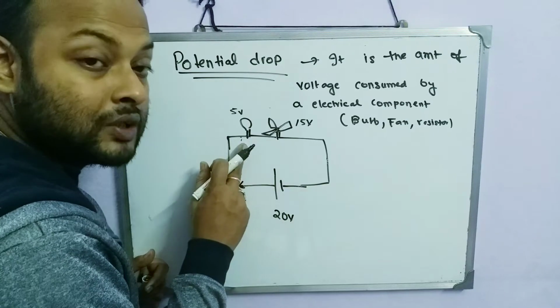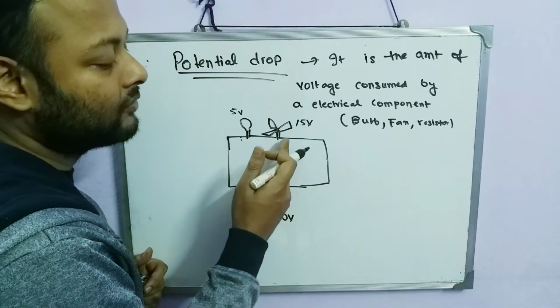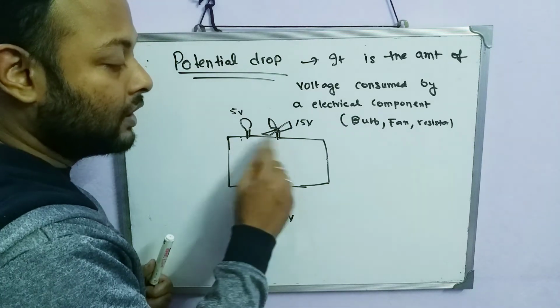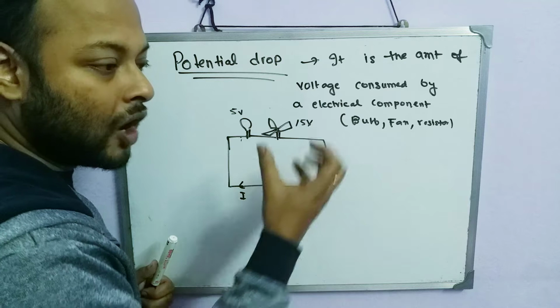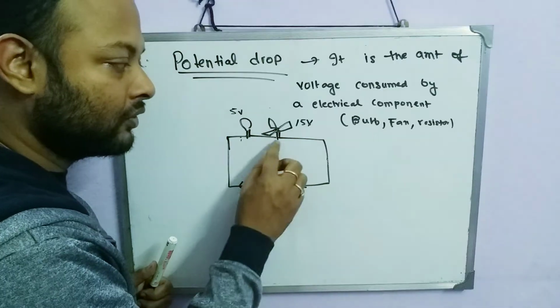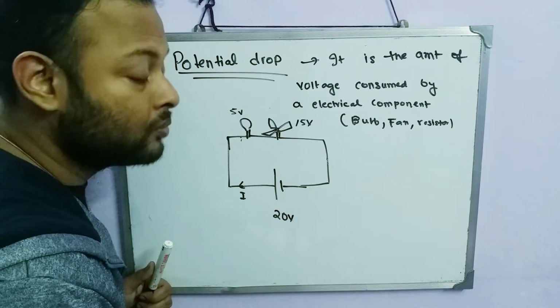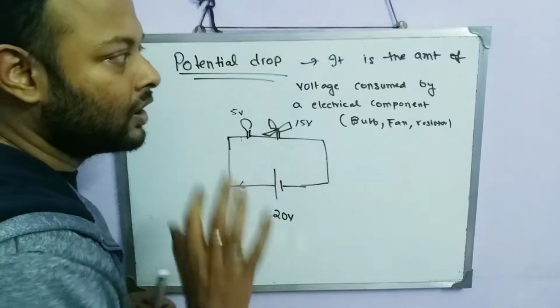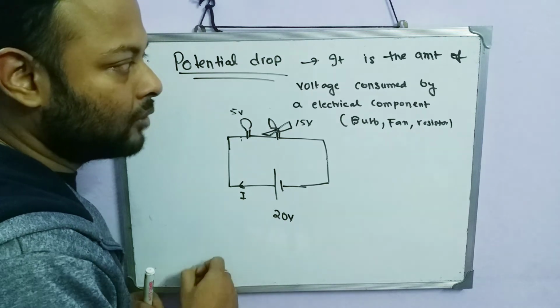How much voltage these electrical components are consuming from the battery, that is called the potential drop. So I hope you understood this potential drop part.